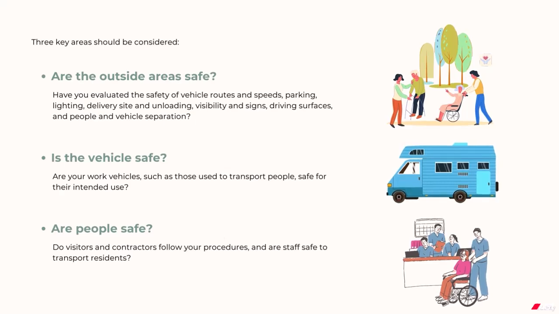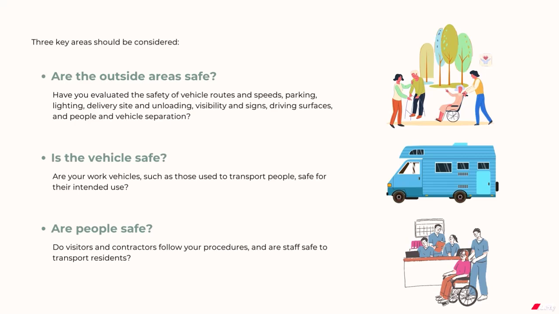Three key areas should be considered. Are the outside areas safe? Have you evaluated the safety of vehicle routes and speeds, parking, lighting, delivery site and unloading, visibility and signs, driving surfaces, and people and vehicle separation?